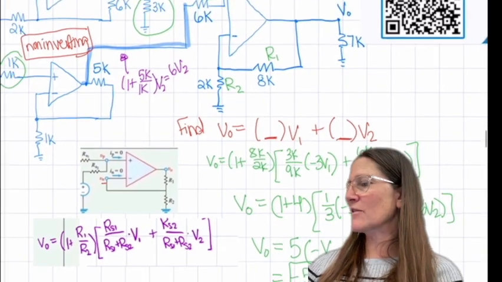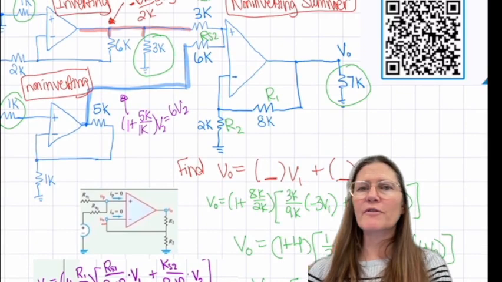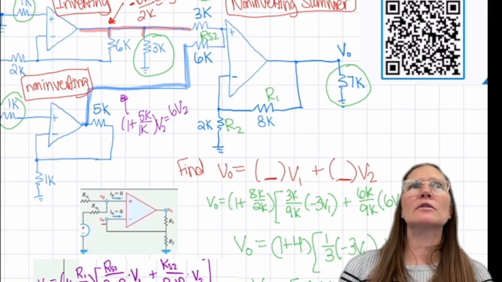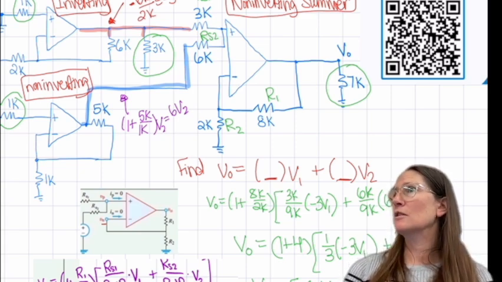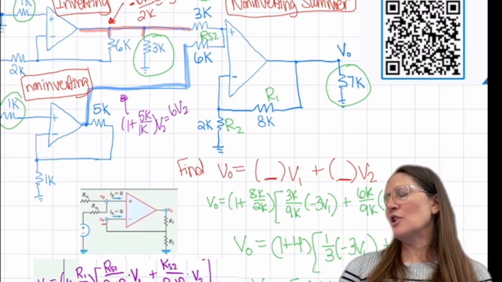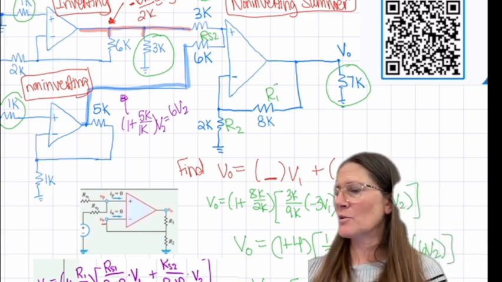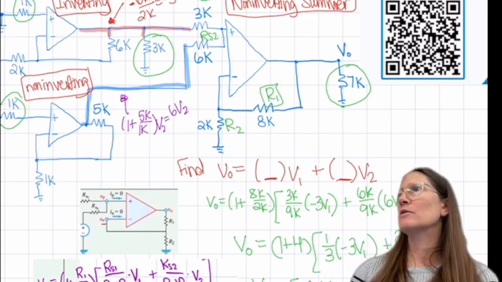So what is this 7K? Is that changing? If I change that to 14K, how does that change the answer? It doesn't change the answer at all, correct? If I changed R1 to be 16K, this R1 that is labeled there, what effect does that have?